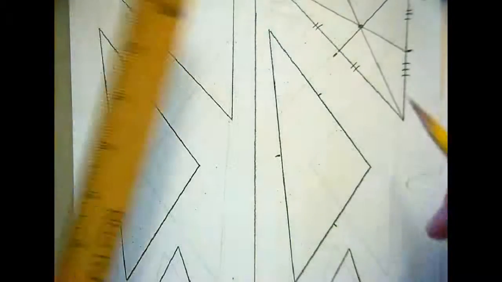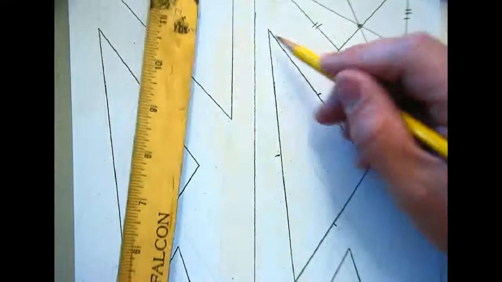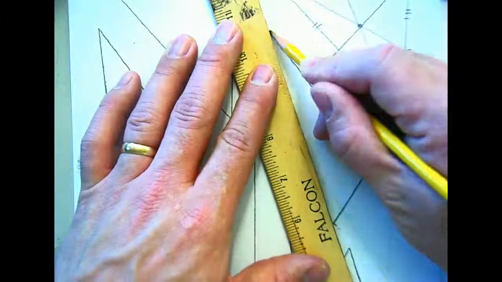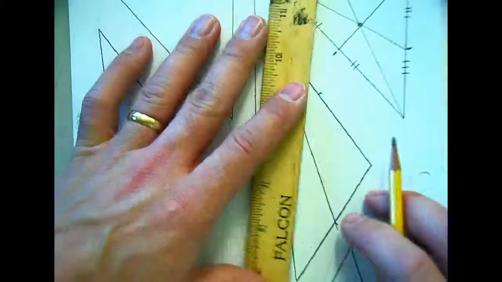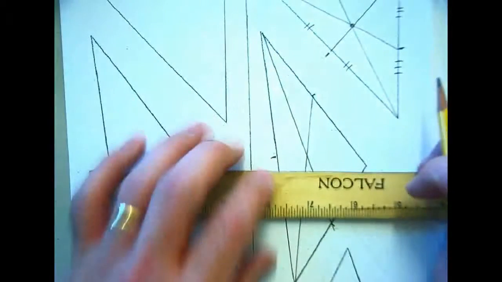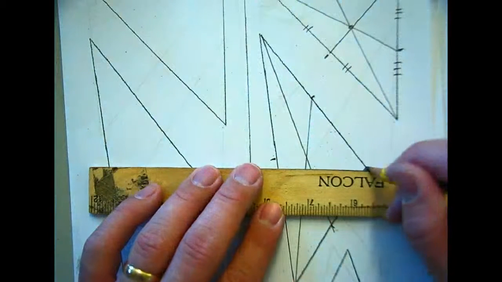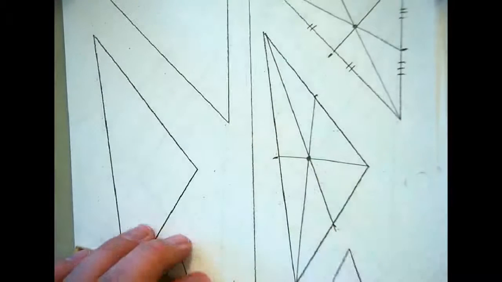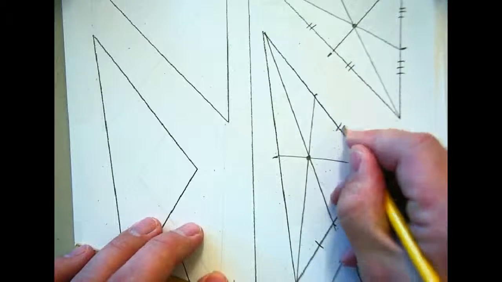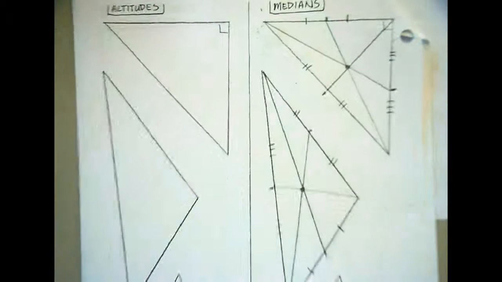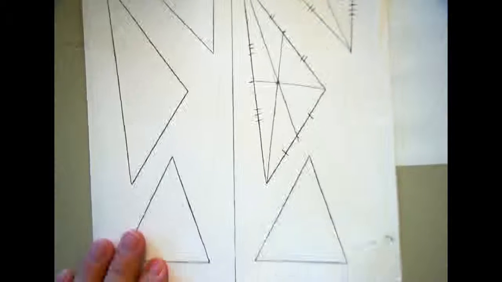And once you get those midpoints, you're going from the opposite angle to that midpoint. Pretty neat. Those are called your medians. So make sure you do that for your acute triangle as well.